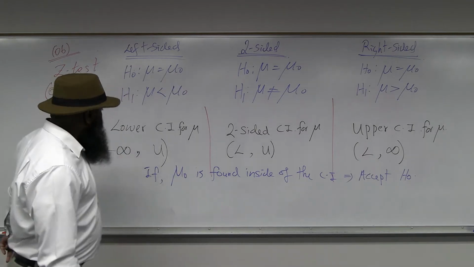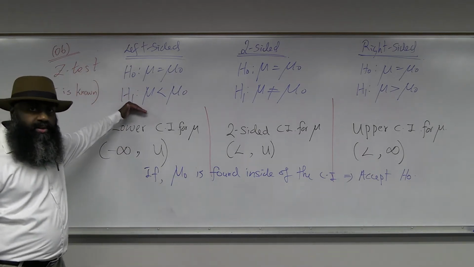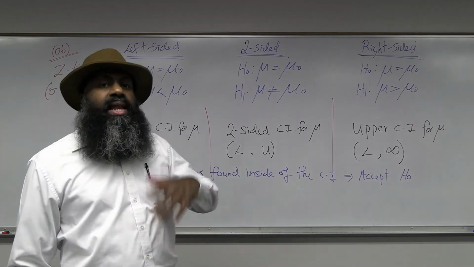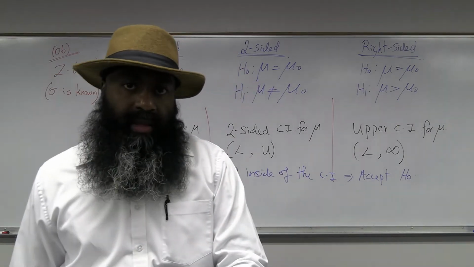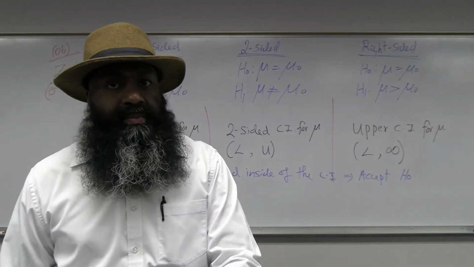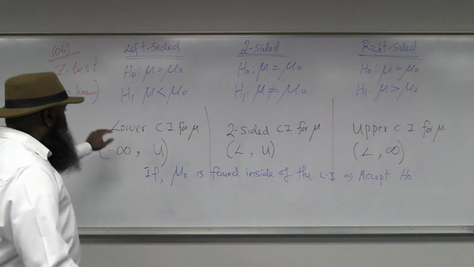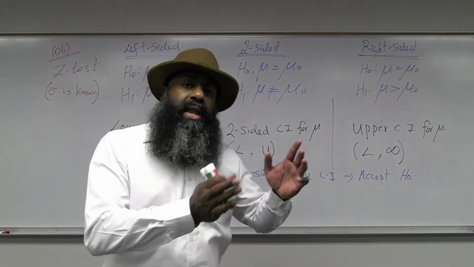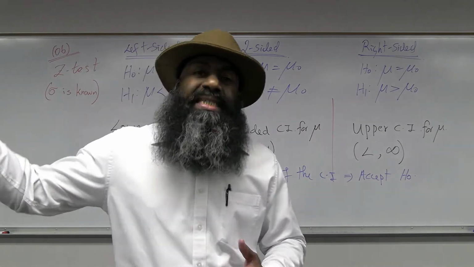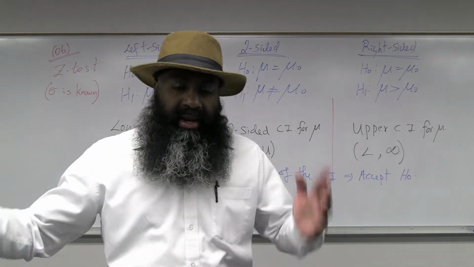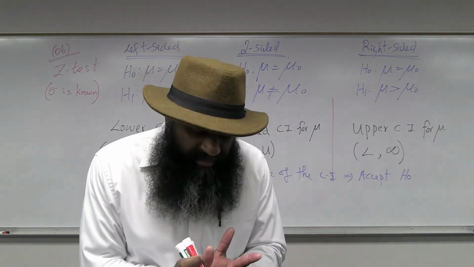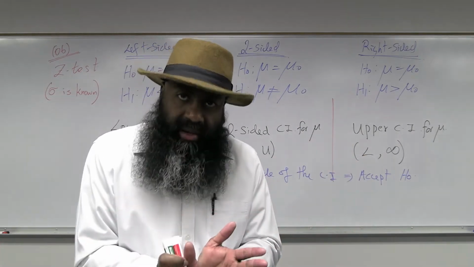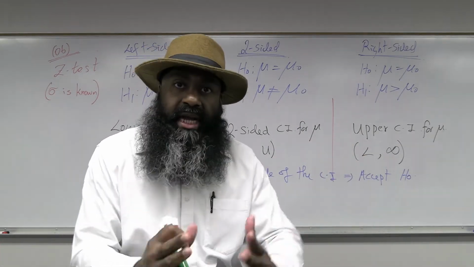Okay. Let's say we are working on a left-sided alternative. So the alternative is, I need to see if mu is lesser than 50. True mean is lesser than 50. I'm going to construct a lower confidence interval. Let's say my lower confidence interval is from negative infinity up to 60. Now that's an interval, negative infinity to 60. That interval contains 50, right? 50 is inside of that.